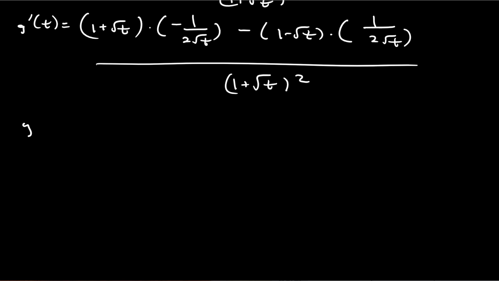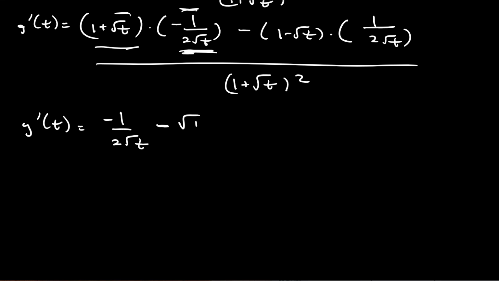Continuing, we have g prime of t is... Now let us multiply this term through. So we're going to have minus 1 over 2 root t plus, we have minus here. We have minus 1 over 2 root t multiplied by root t. It's going to be minus root t over 2 root t.